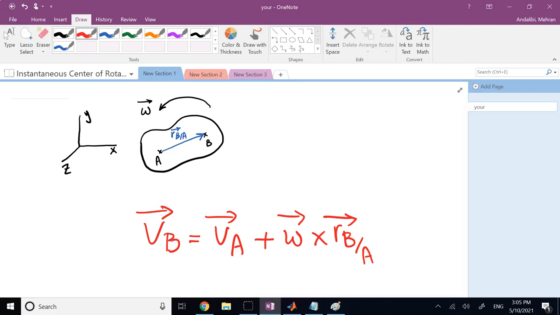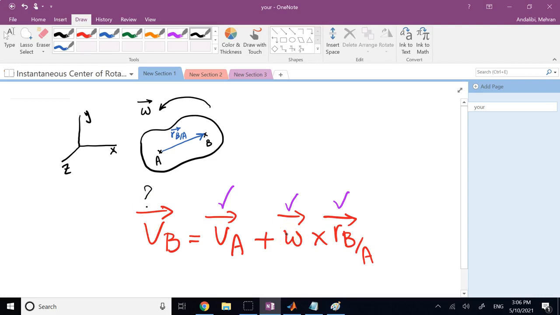And it means that if you know the velocity of one point, how the rigid body is rotating with respect to time, and the position of the 2 points with respect to each other, then you can find the velocity of another point. Or sometimes the velocities of the 2 points are given, the positions are given, and you need to find omega or some other variable.